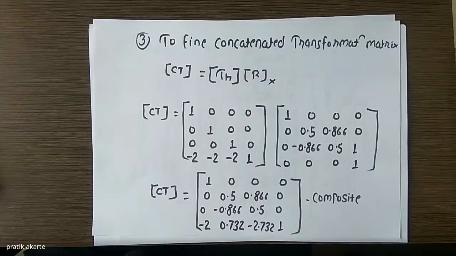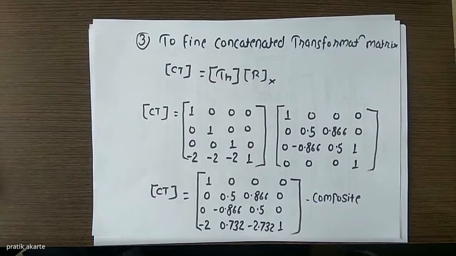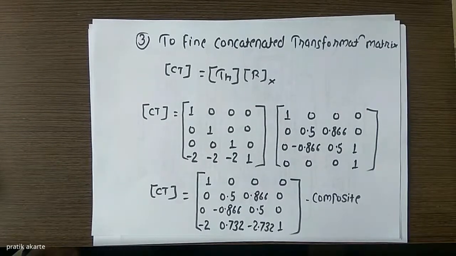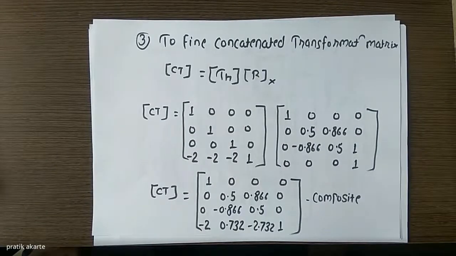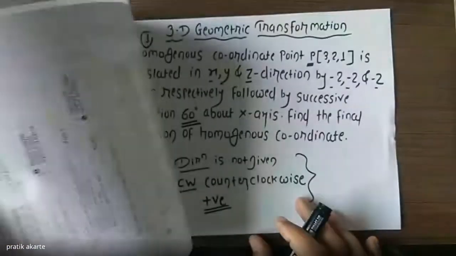Most of the students will make mistakes in this only, that they are not able to multiply the matrices. Although you know the concept, if you are not able to multiply the matrix, it will be very difficult for you to arrive at a final result. So this is how you can find out the composite transformation matrix.